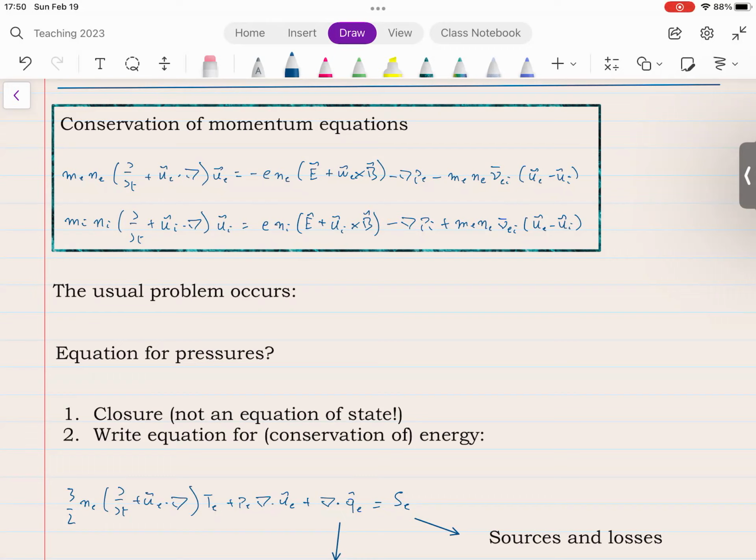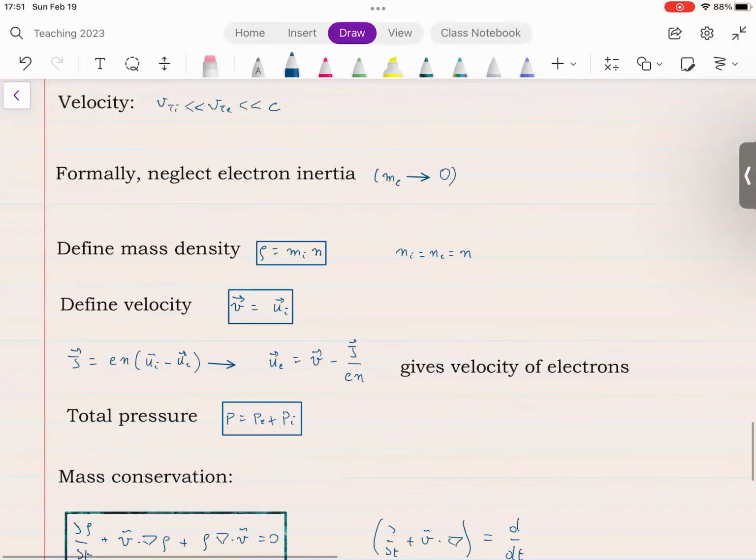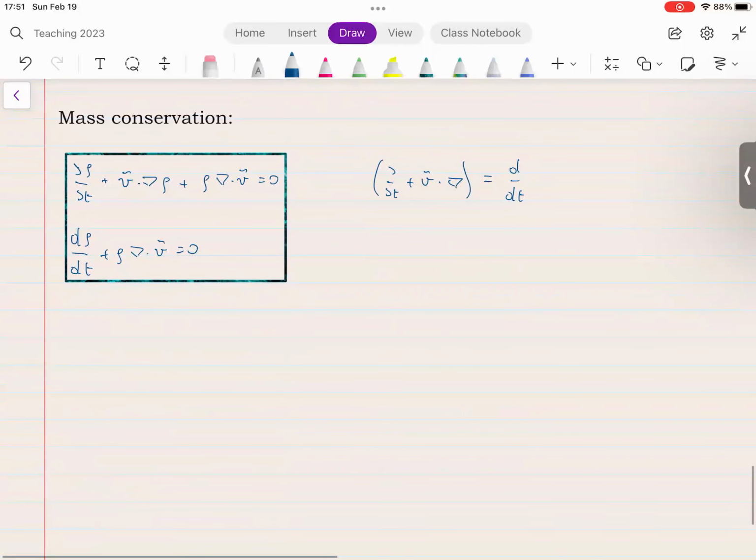The other piece in the Lorentz force gives me a current. And the term on the left-hand side just gives me the mass conservation for the plasma. I hope that was detailed enough. Maybe I can write it a little bit more in detail. But here is what we find.